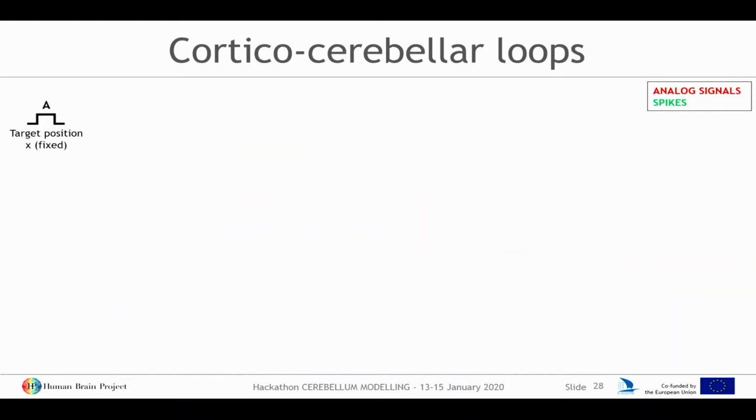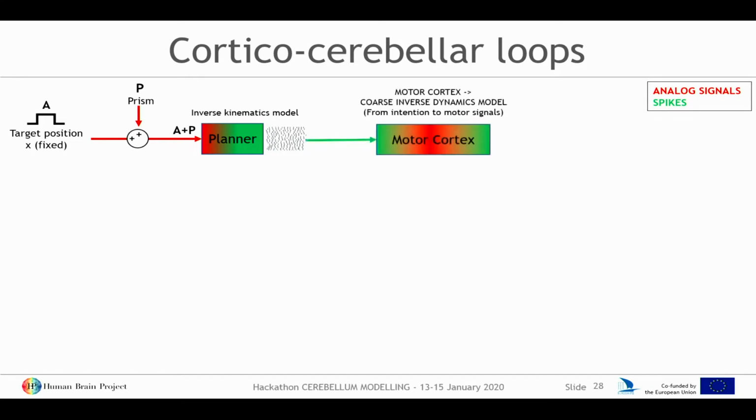So the system that we have designed, and this is work that Eduardo is also doing with me, is to define also the other parts of this corticocerebellar loop. So for example, the motor planning that transforms the intention to go to a certain place into spikes that are then sent to the motor cortex that generates the motor commands.